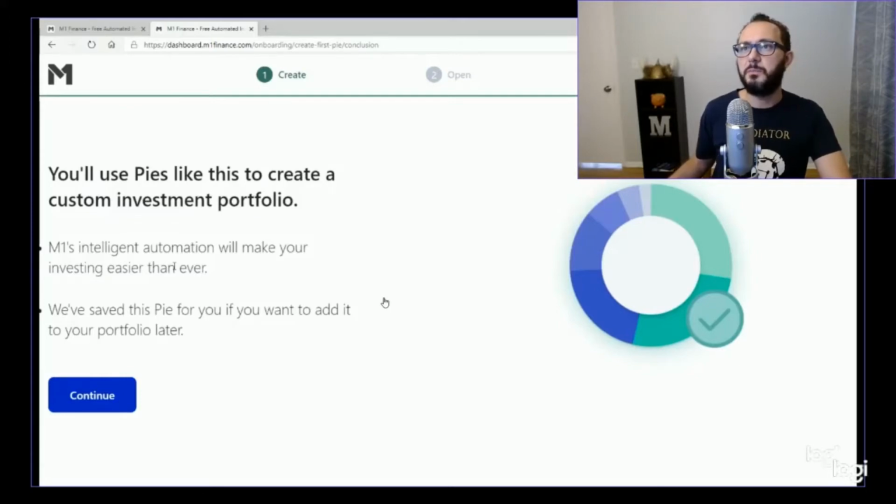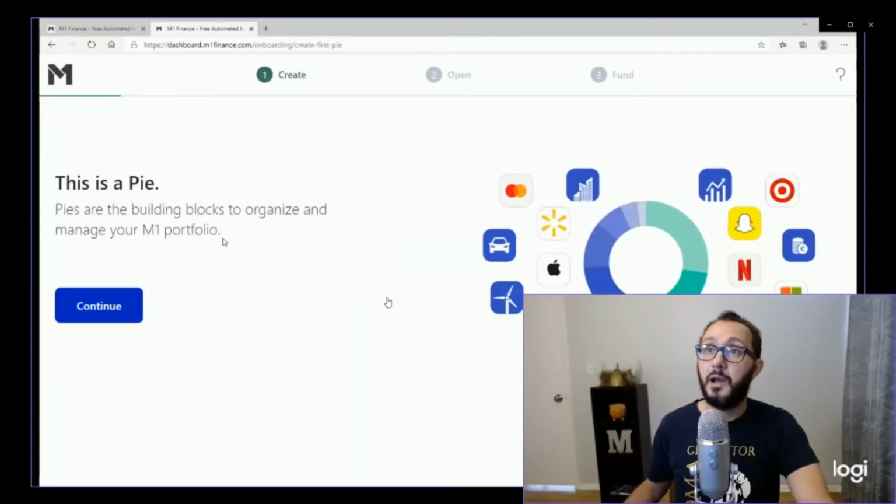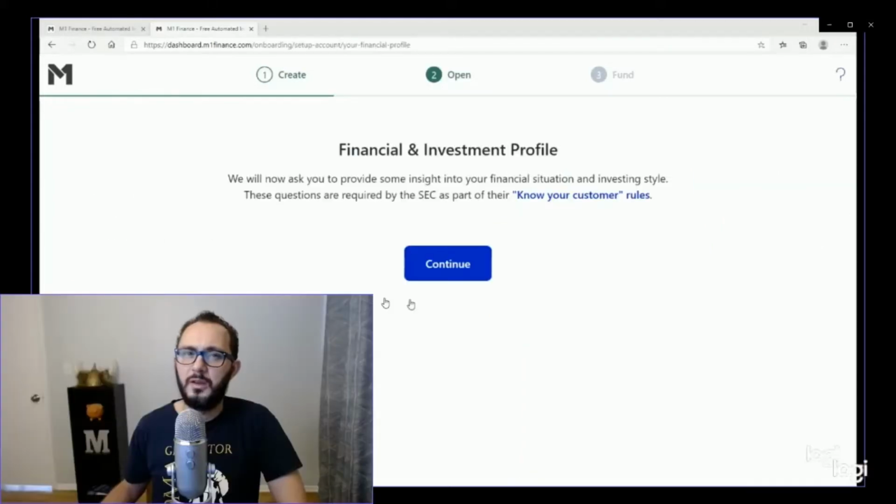We've saved this pie for you if you want to add it to your portfolio later. It asks for a phone number. It asks me a few more simple questions and I click continue. Next screen says pies are the building blocks to organize and manage your M1 portfolio. Continue. And then they ask about your financial and investment profile, a few questions.